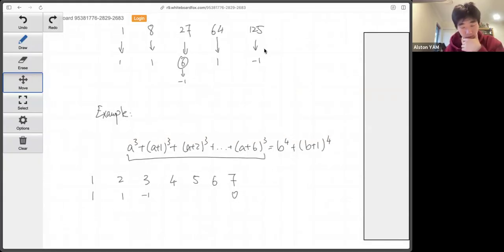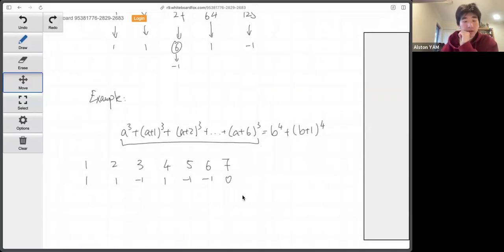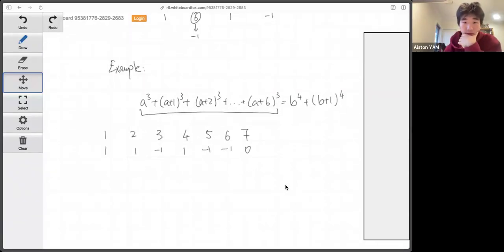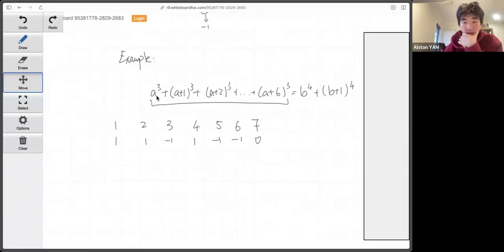This is just me copying from up here. And then we have 1, minus 1. And here we should have minus 1 mod 7, because 6 itself is minus 1 mod 7, and minus 1 to the power 3 is also minus 1 mod 7.